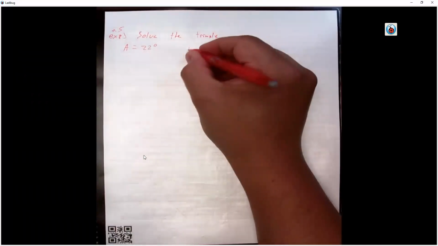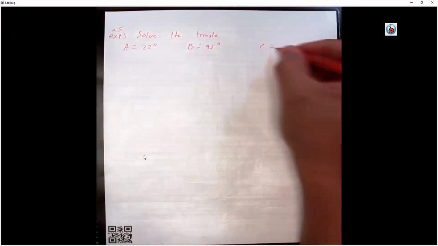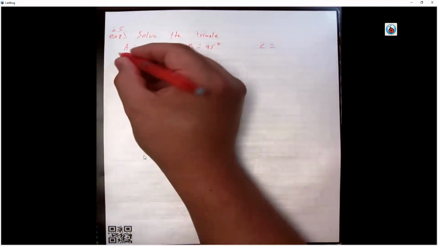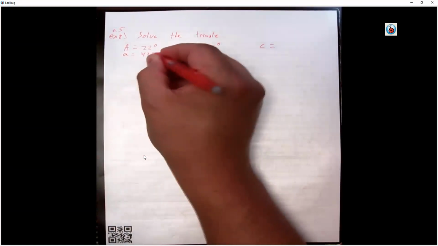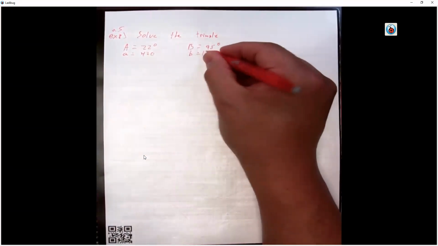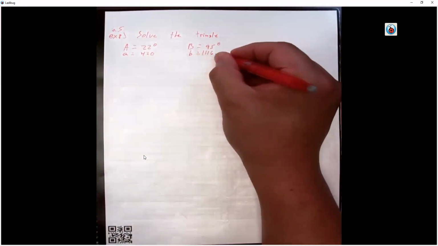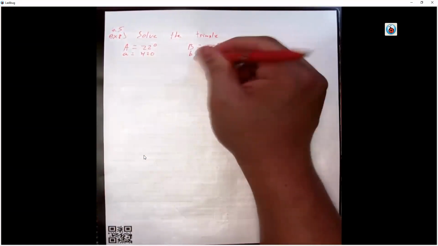On this question, they're going to give us 22 degrees for A, 95 degrees for B, C is unknown. Little a is 420. Little b is not given to us.